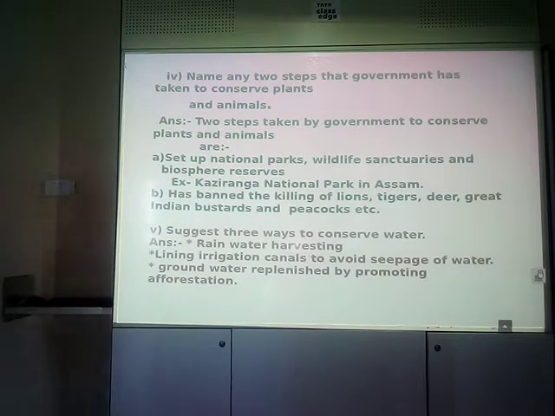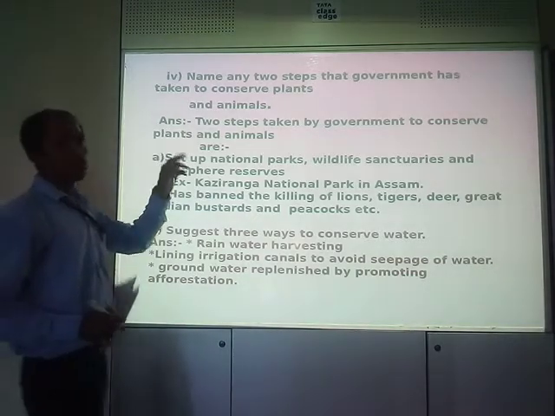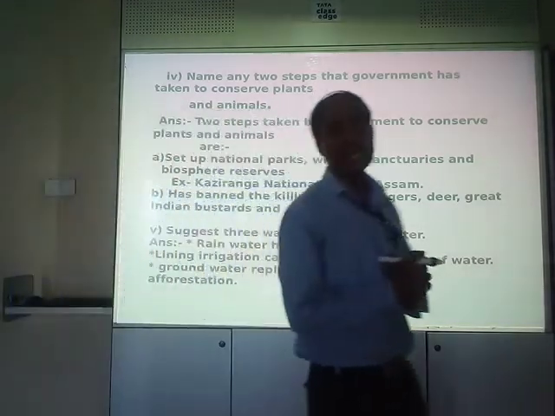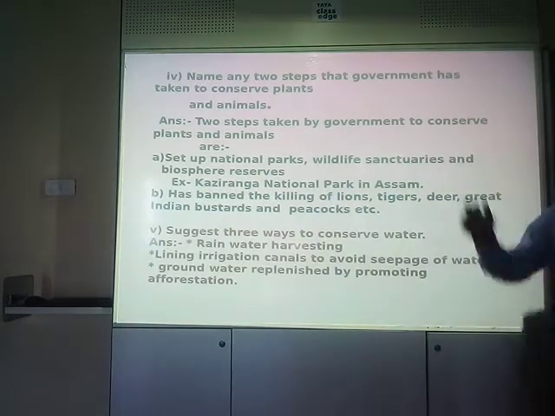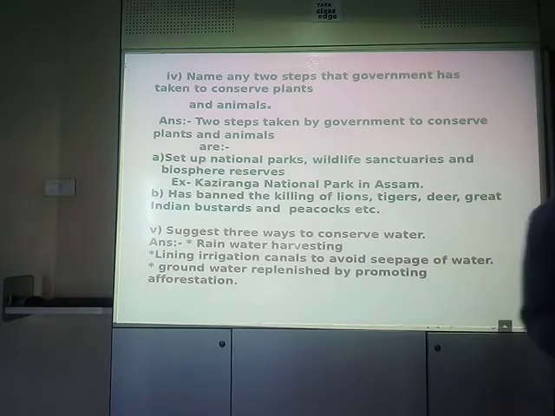Name any 2 steps that government has taken to conserve plants and animals. So you have to give 2 steps that government has taken to protect these plants and animals. As you know, in order to preserve the plants and animals, government has taken certain steps.